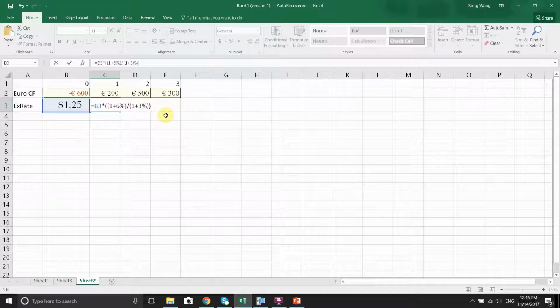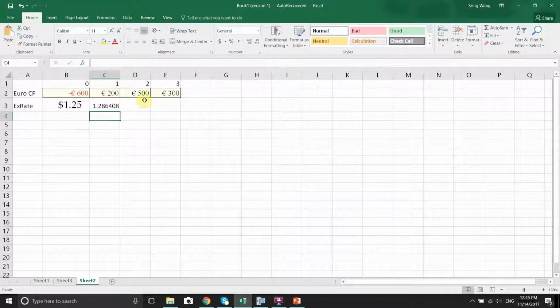And here I'm going to put a caret and put the year number from the top cell. Basically, the exchange rate 1 year later is the exchange rate in the previous year times 1 plus the 6% US inflation divided by 1 plus 3% euro inflation, right?